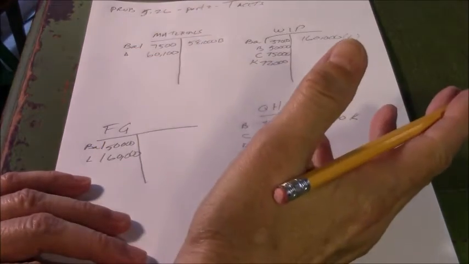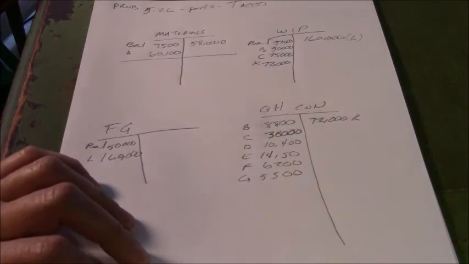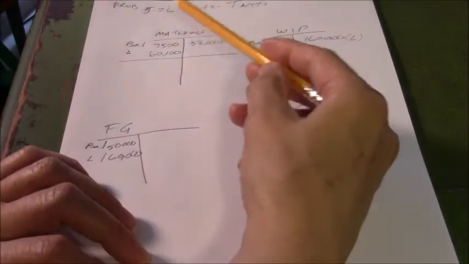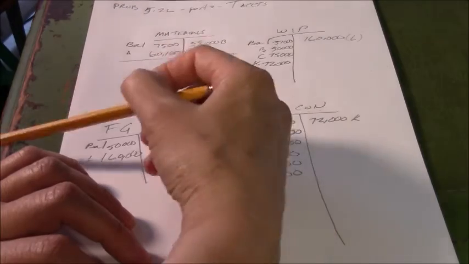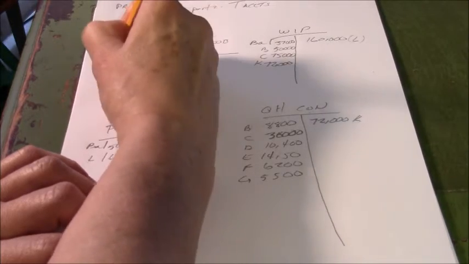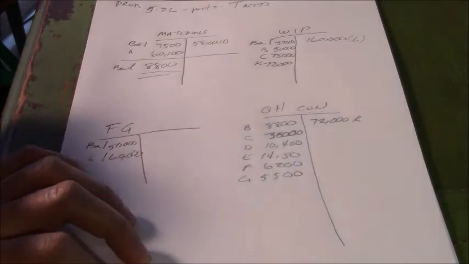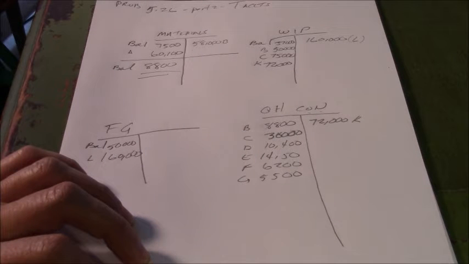So now it's time to get our balances. That's part of what you do, right? So 7,500 plus 60,100 minus 58,000 gives us an $8,800 balance now in materials inventory. So there's $8,800 worth of materials sitting around in inventory.